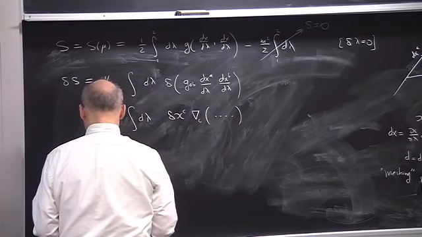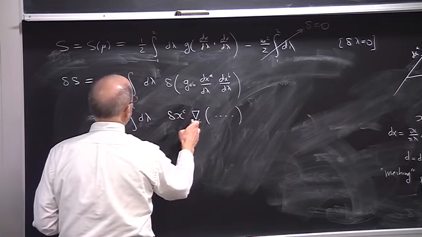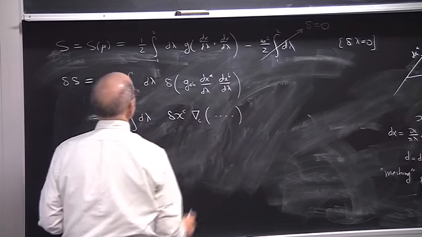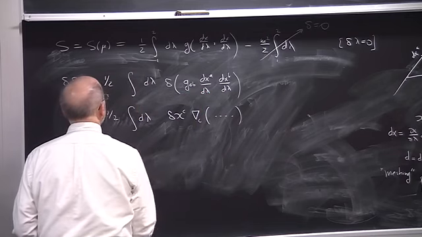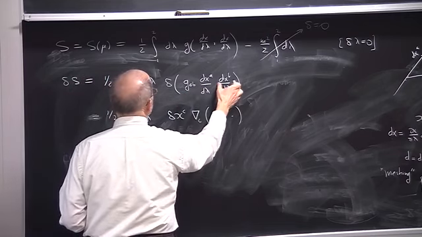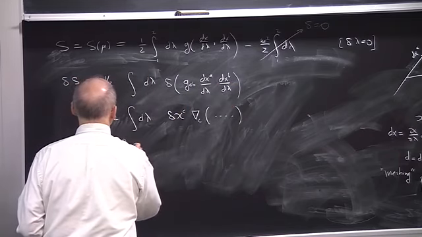So now I get, as I said, 3 terms. All I have to do is form the covariant derivative of each of these things, but the metric has 0 covariant derivative, of course. So that won't be there, and I'll just get 2 terms which are equal to each other by symmetry, so the 1/2 will go away.